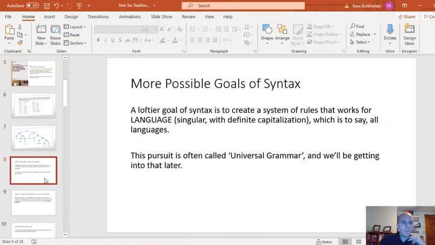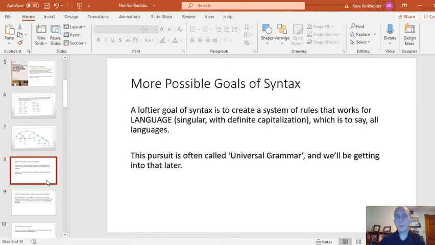But there is a secondary goal, possibly, depending on who you ask and whose form of syntax you do here. There's the possibility of a loftier goal of syntax, which is to create a system of rules that works not for little L language, for individual languages like French and German and Russian and Swahili, but to create a system of rules that works for all language, capital L, language, right, that works for all of human language.